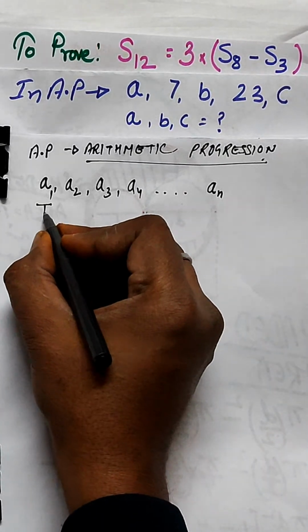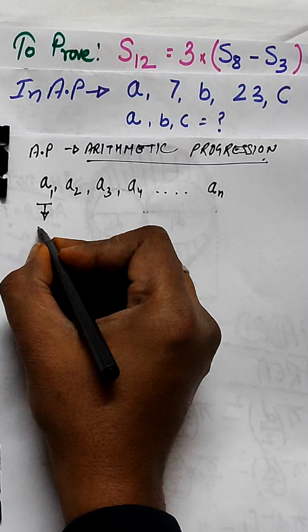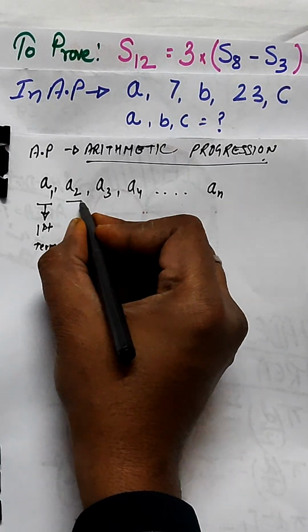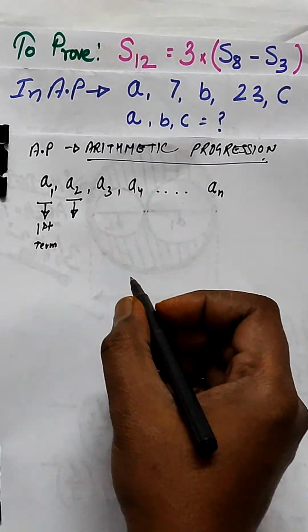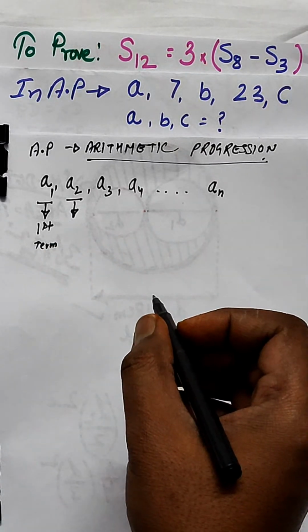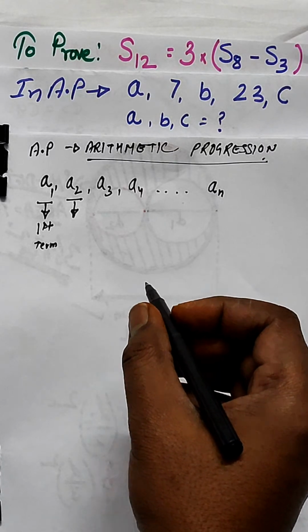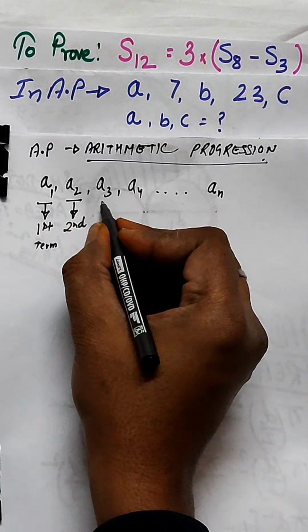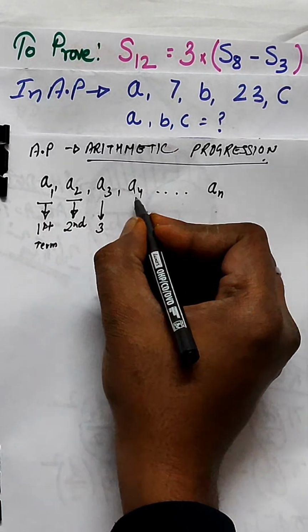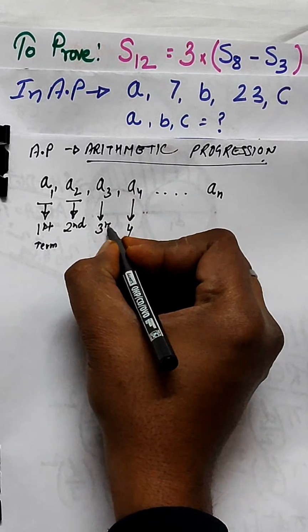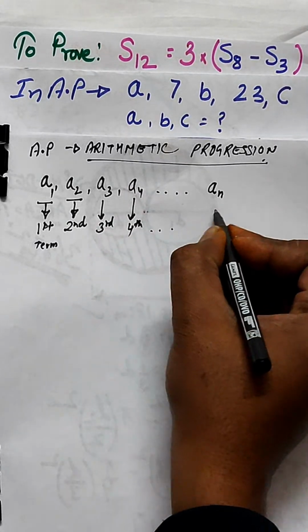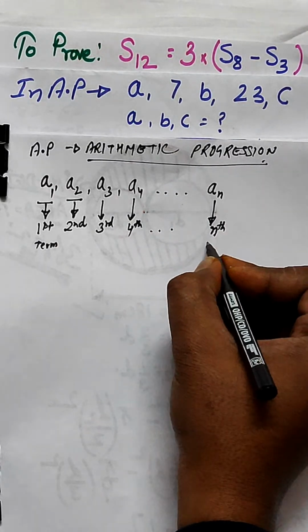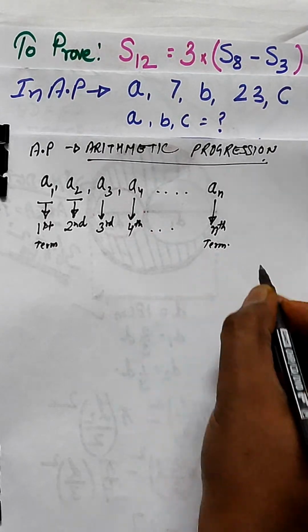So we can say that the first term is A1. So I am writing it as first term. Similarly, A2 is the second term of the series of progression, right? So this is the second term, and this is third, this is fourth, like that, and the last term of any AP is the nth term.